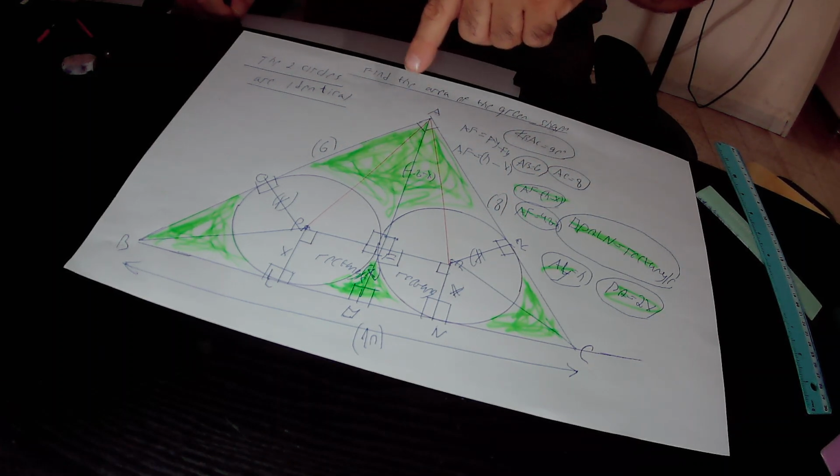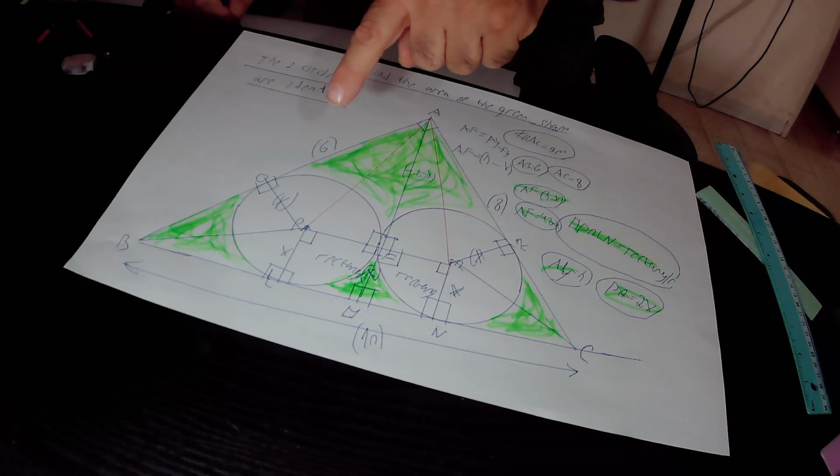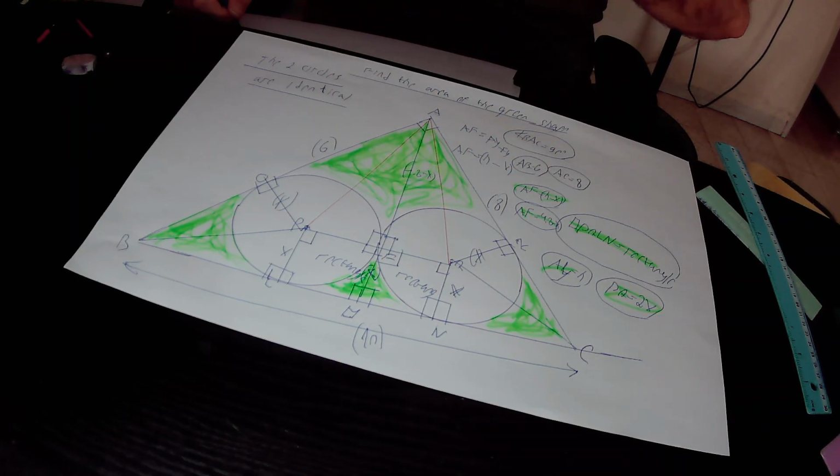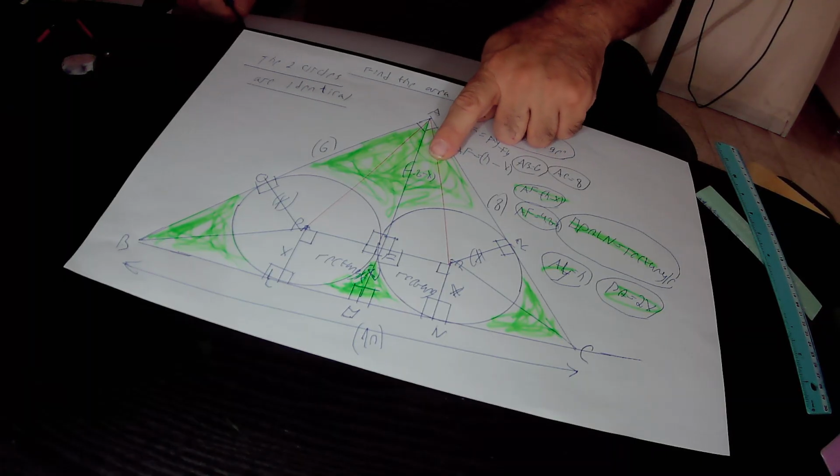Finally, plus the area of the sixth shape, that is actually the area of this triangle APQ. We already found out that the area of this triangle APQ equals 4.8x minus x squared.